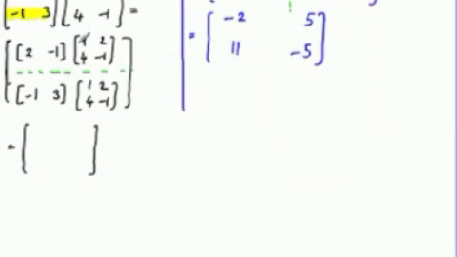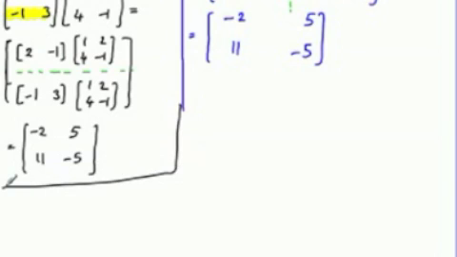You take this row, multiply by that column, exactly what we did there, 2, and minus 4 is minus 2, 4 and minus 1, what am I going to have? 5. Now I process the second row times the same second matrix. Minus 1 and 12, 11, minus 2 and minus 3, minus 5. So this is the second style of doing this thing.